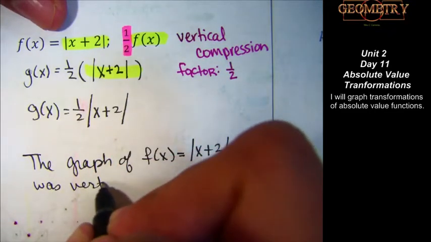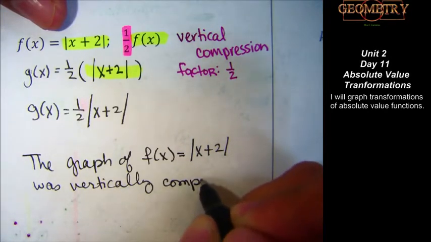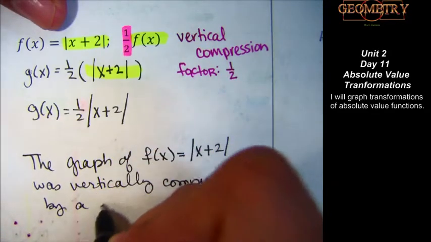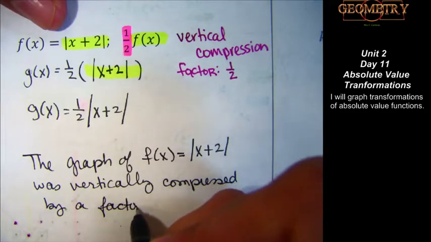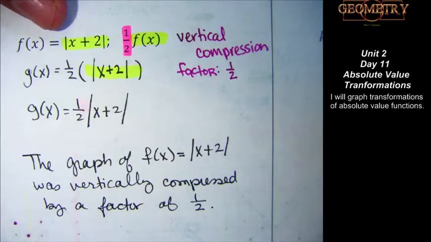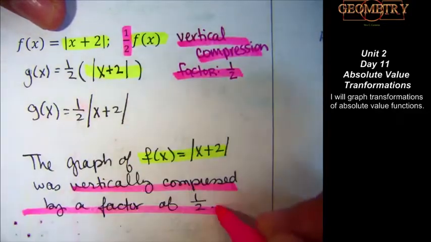And he said I should write vertically compressed by a factor of 1/2. And so you can see where I'm getting all this information. I'm just going to highlight the pieces that were copied.